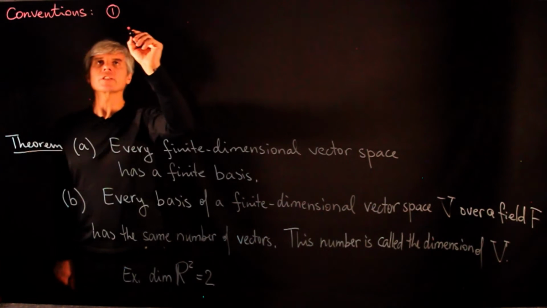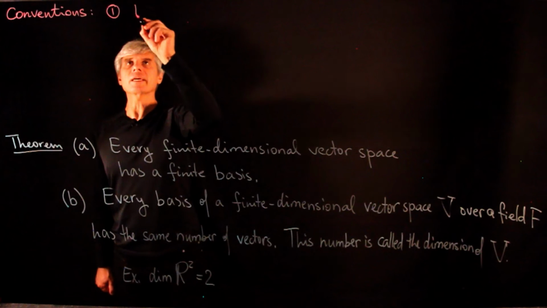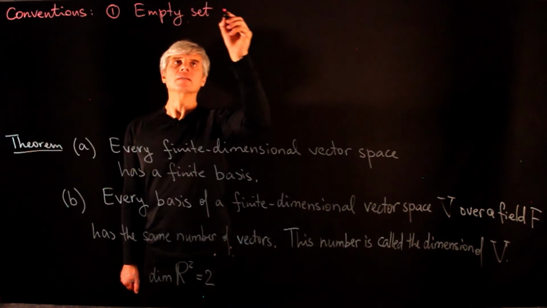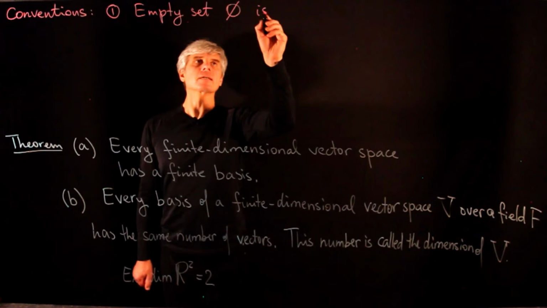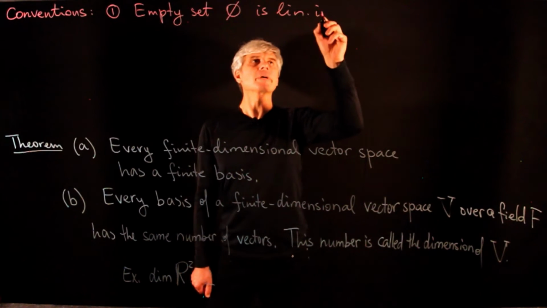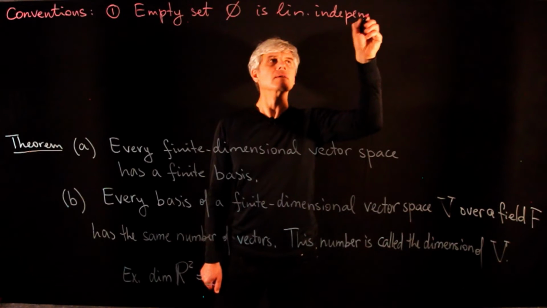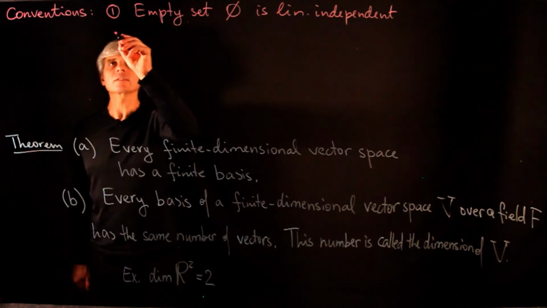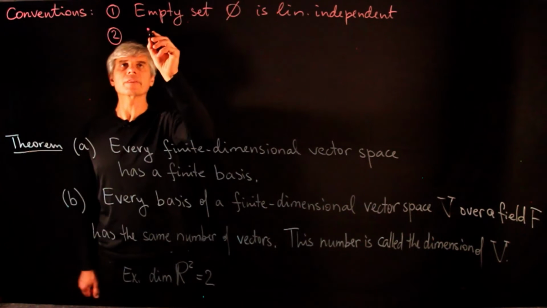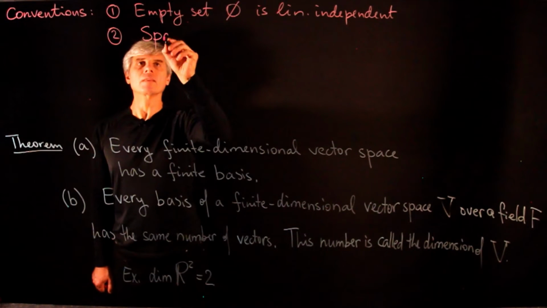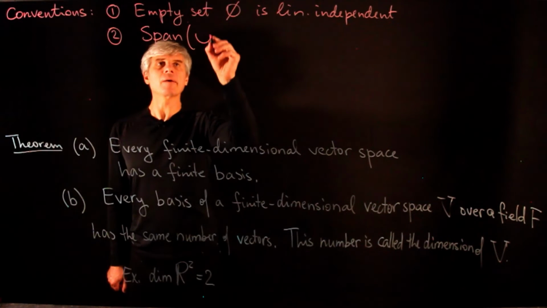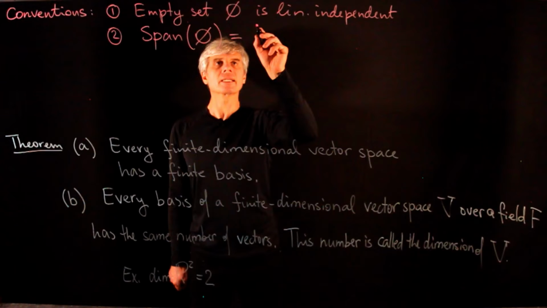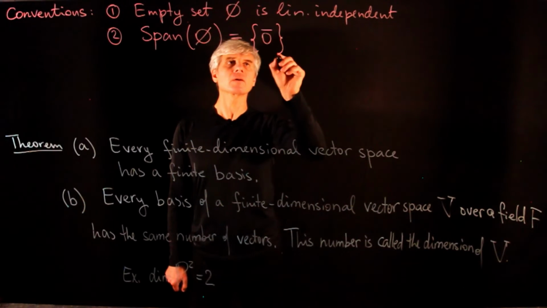The first convention is that we assume the empty set is linearly independent. The second is that the span of an empty set of vectors is assumed to be the subspace that consists of the zero vector.